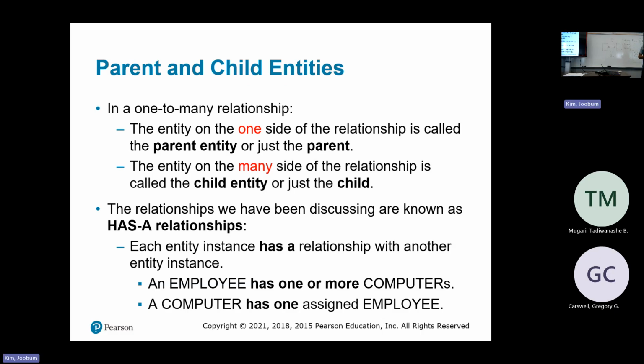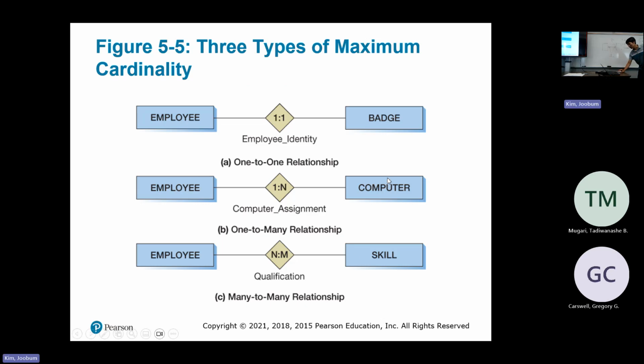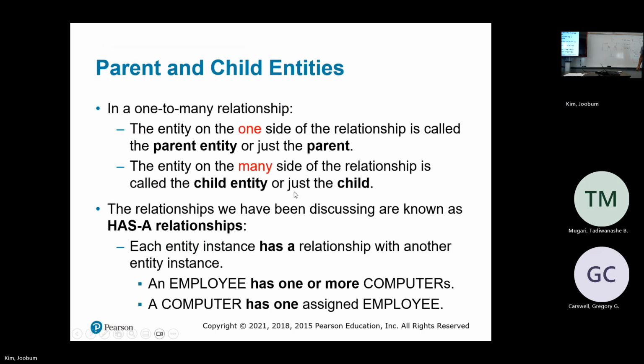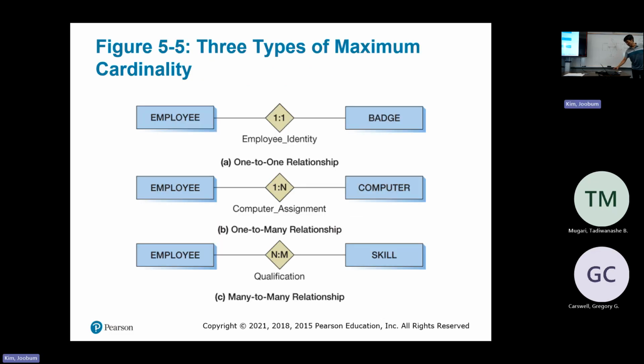Then, especially a one to many relationship like this, employee and computer. So the entity on the one side of this relationship is called the parent entity, or just parent. The many side is called children or child. So here, an employee can have multiple computers.